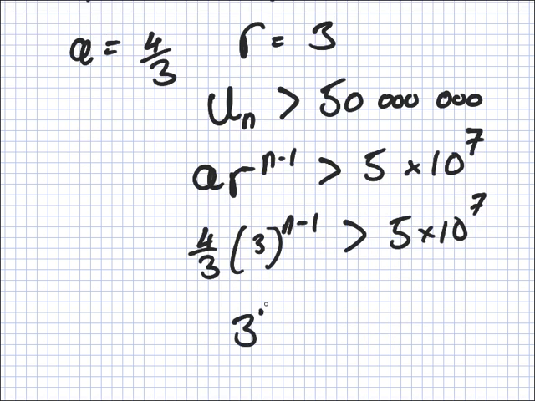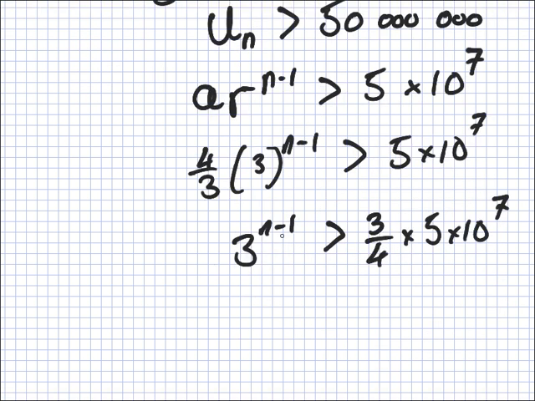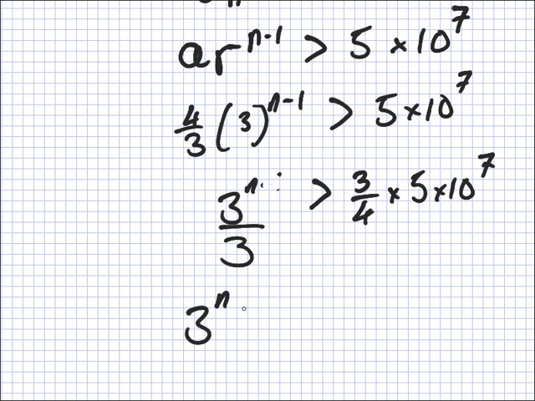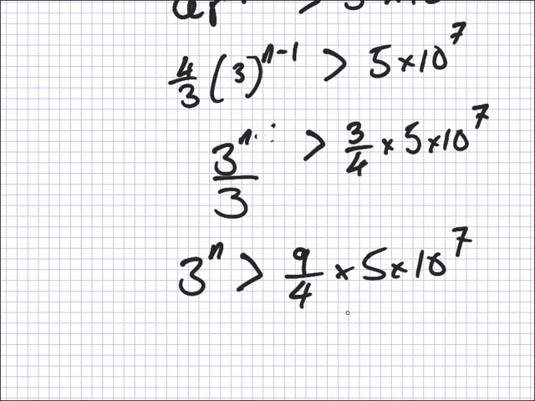I'm going to just bring that fraction to the right, so it's 3/4 of 5 times 10 to the 7. Now, I'm also going to change that into 3 to the n over 3 rather than having the minus 1, and bring that 3 to the other side. So I have 9/4 of 5 times 10 to the 7. Now, what should I do next?